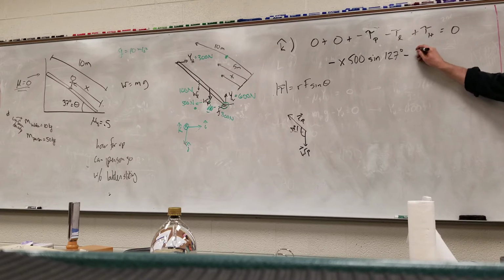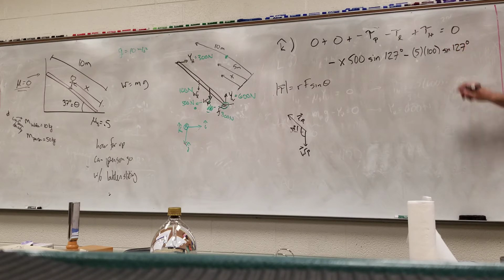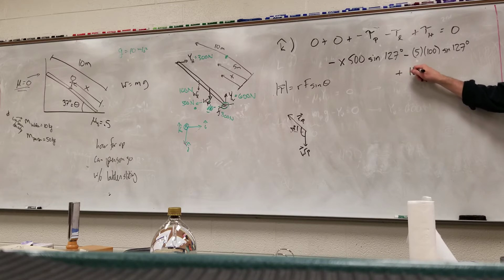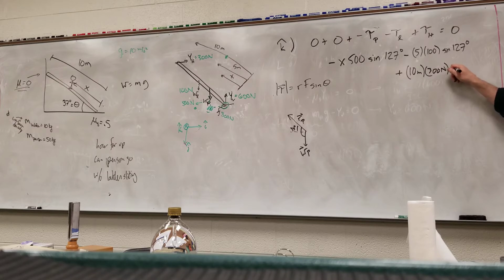Well, we know the distance, that's 5 meters, times the force, which is 100 newtons, times the, it better be the same angle as we just got. And then y sub h up there, 10 meters, times 300 newtons, times the sine of what? Minus 37. 143 degrees.